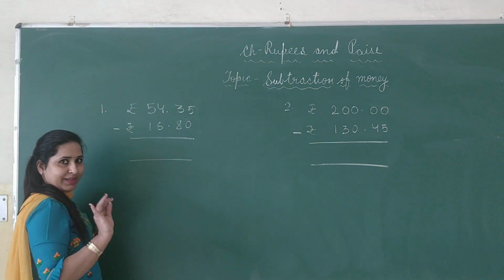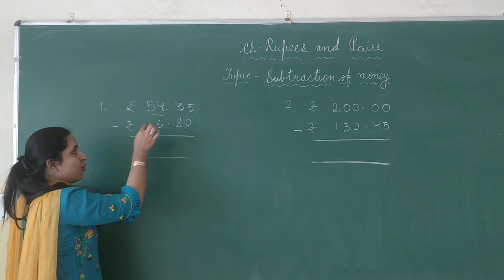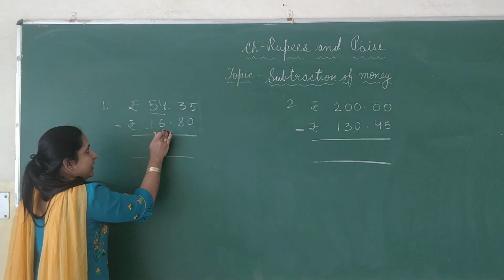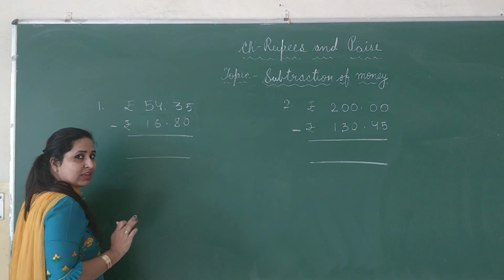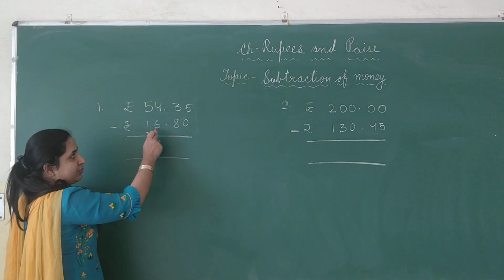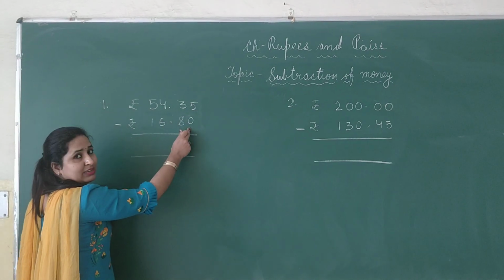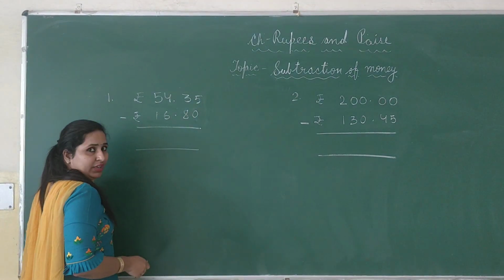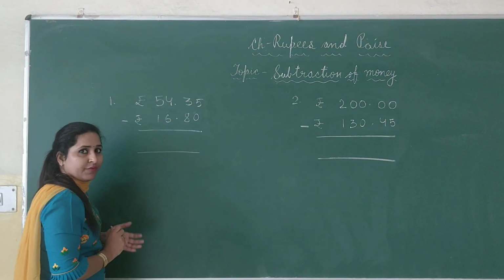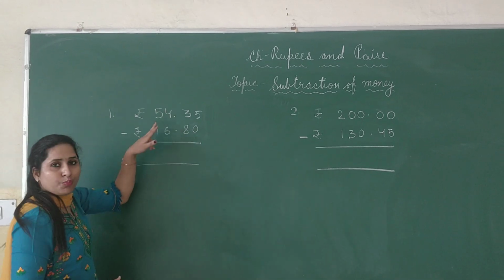It doesn't matter what the paise part is, we always see the rupees part. 54 is more than 16. As you can see in this question, 54 is more than 16, but its paise part is 35 and here it is 80. 35 is less than 80, but still we can subtract 80 from 35. Why? Because it is the paise part only and we have to see the rupees part.